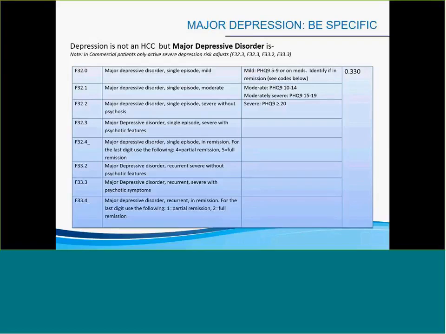And these are some of the codes that have the specificity that Medicare now requires. And just remember, if someone is on medication or you do a PHQ-9, I don't write depression anymore. I write major, mild depression, major, moderate depression, in remission, and I don't have many psychotic patients. You guys might have more.